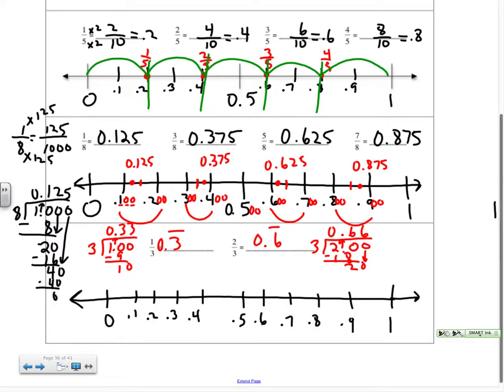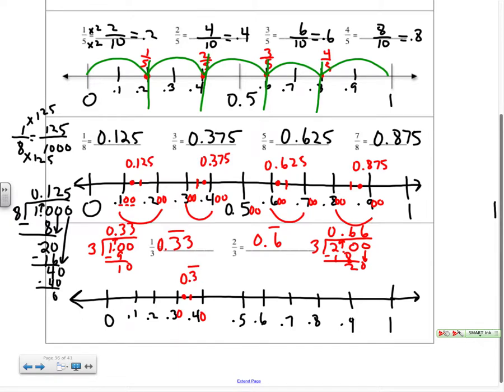All right, let's find 1/3, which is the repeating 3. I'm actually going to add another 3 here so we can see what's going to happen. Here's 30 hundredths and 40 hundredths. Here's halfway. So 33 hundredths, we know it's going to repeat. It's going to fall right about there. Okay, so this is my 0.3 that repeats.